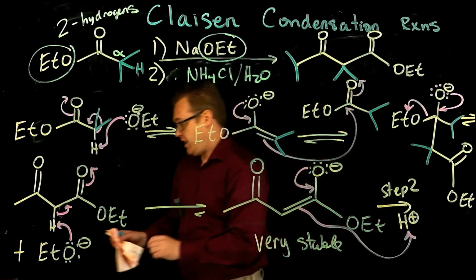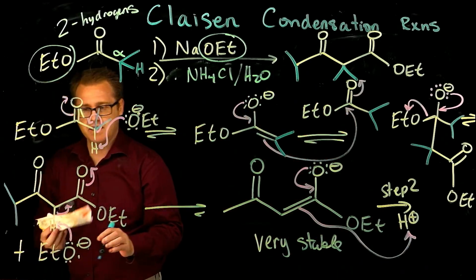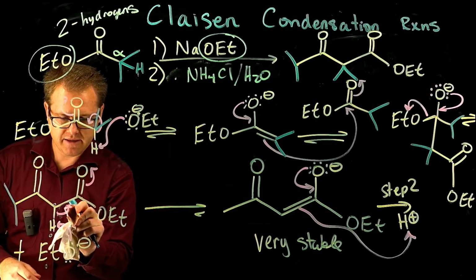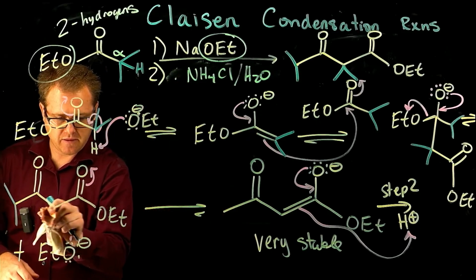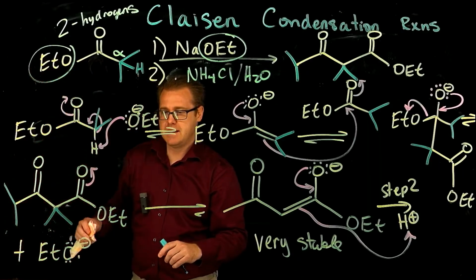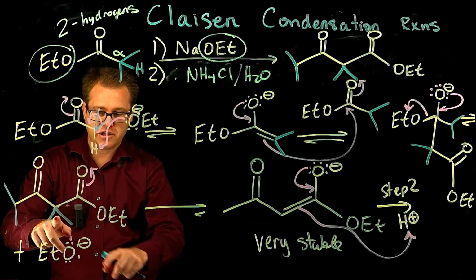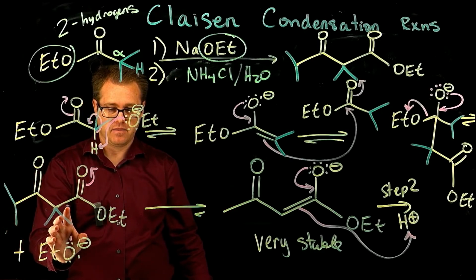Now this intermediate is going to look a little different because we have a carbon and a carbon that we have to add, and then there is a carbon and a carbon. Now we're in a situation where there's no hydrogens to be abstracted.